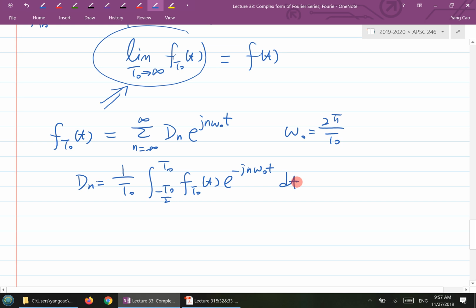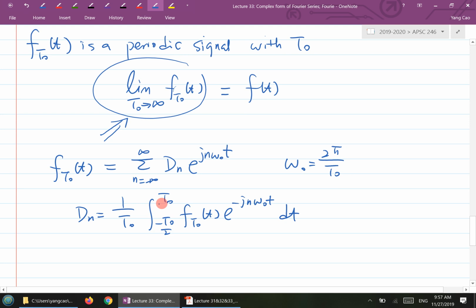So you're integrating from negative half t naught to positive half t naught, and then adding up this. So that's all we have learned based on the previous lecture.